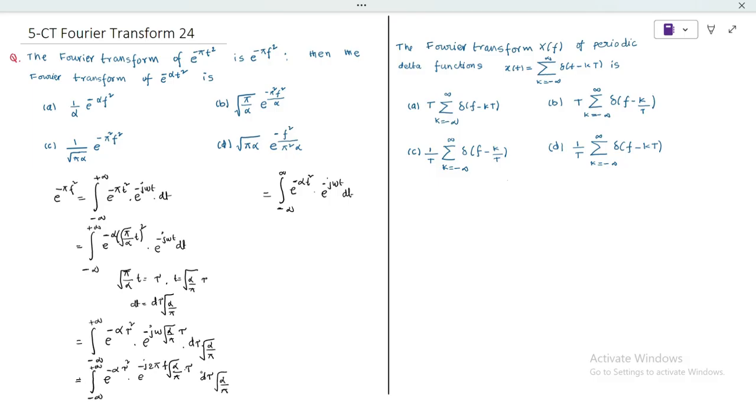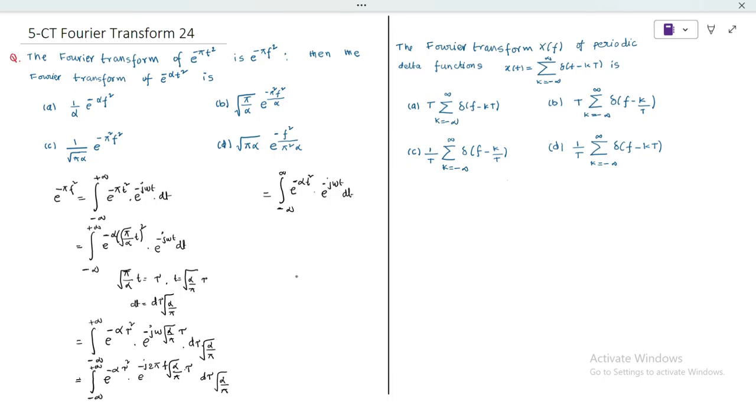This is applicable for f, but there is no f, so f is multiplied by the root alpha by pi.